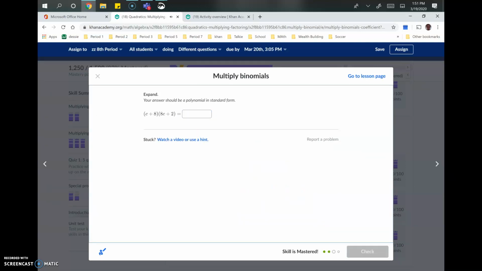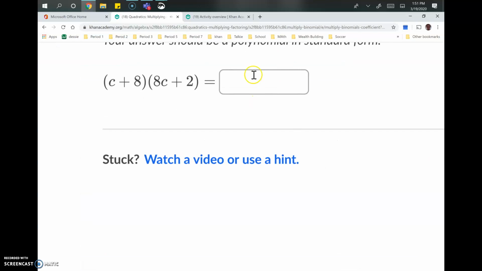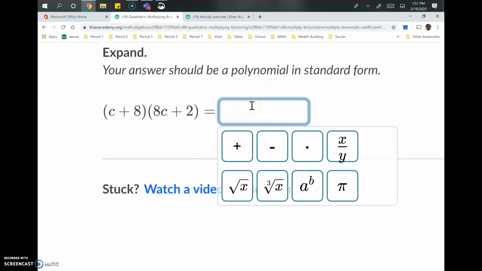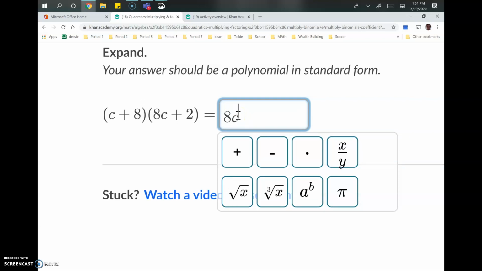We're already 5 minutes into this video. We got this. All right, I'm going to do this one without any work. So we got c times 8c. 1 times 8, 8. C times c, c squared. Now we're doing c times 2. 2 times 1, 2 times c, 2c. We've multiplied the c out.